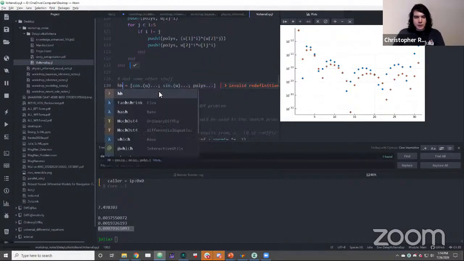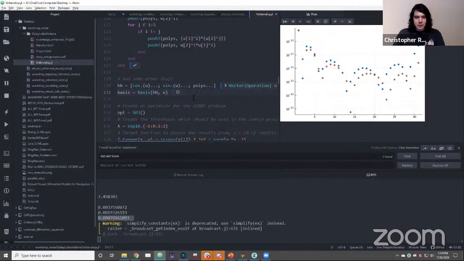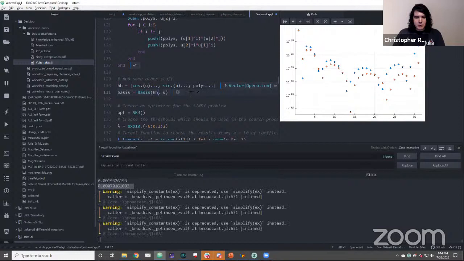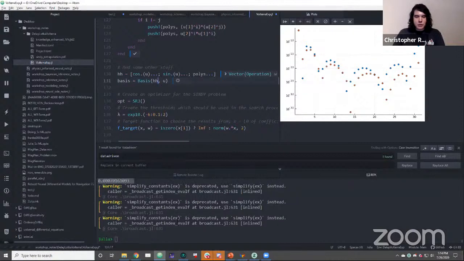Oops, I named h again somewhere else. And sorry about some of these warnings. I'm mixing an older version of the library with the newer version, but since the things in SciML are generally quite stable, you can mix versions and you'll get deprecation warnings.